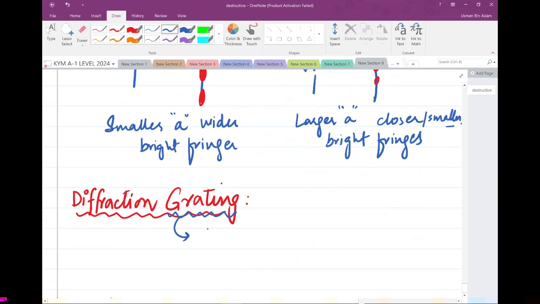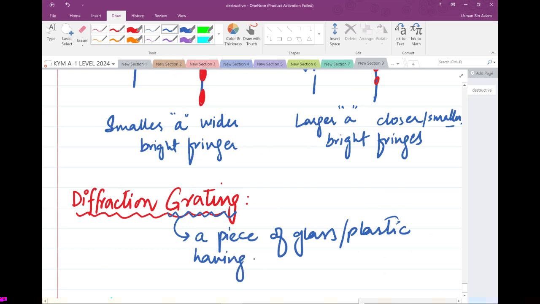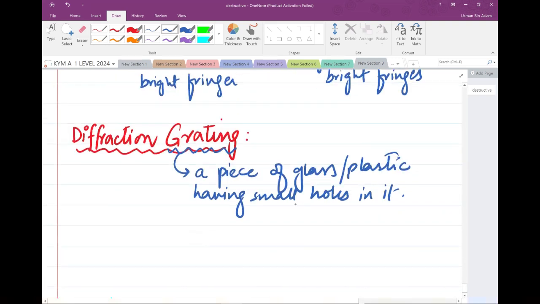A grating simply means a piece of glass or plastic having small holes in it. And when I say holes, I mean a lot of them. When I write the plural holes, I'm talking about a lot of holes, like around 500 lines per centimeter.